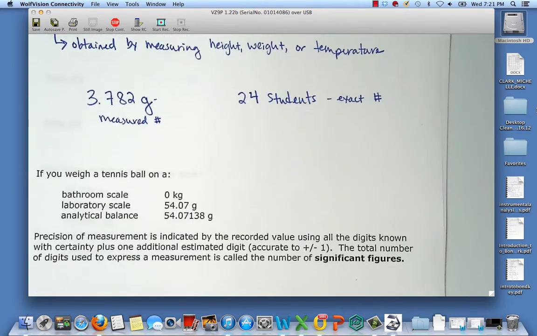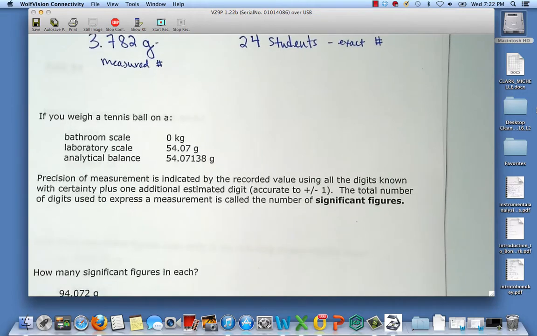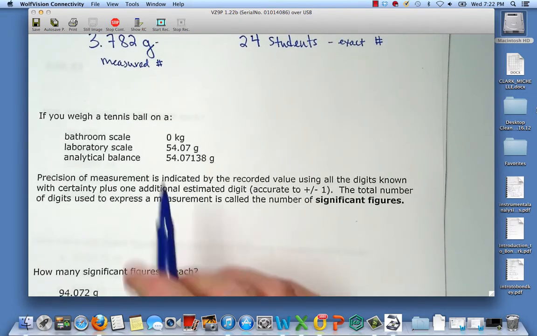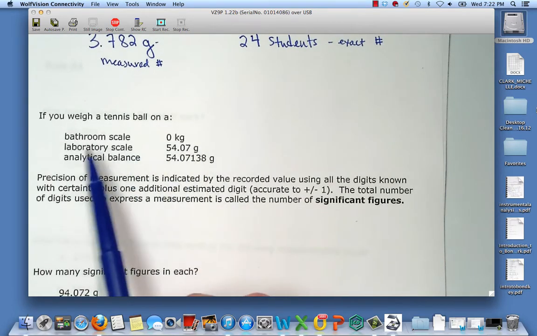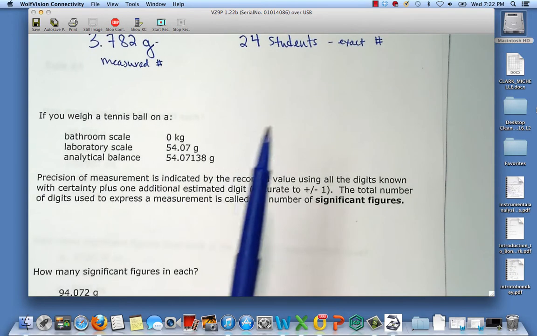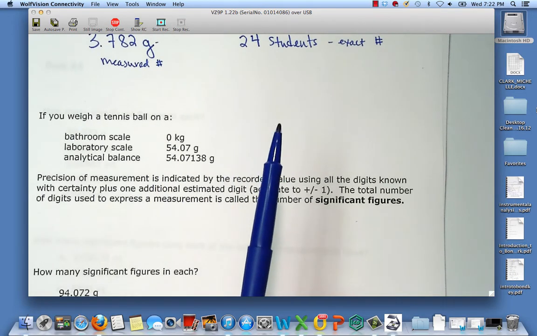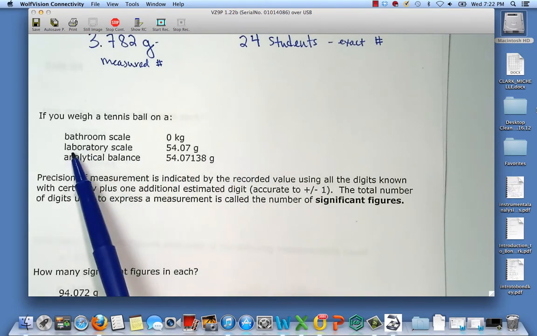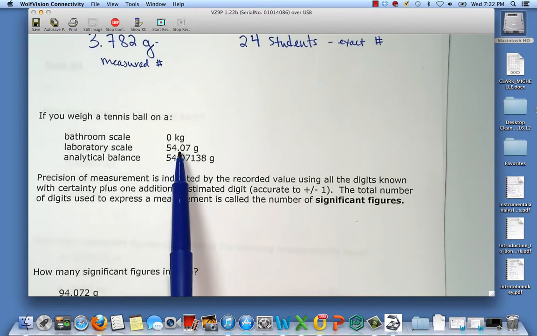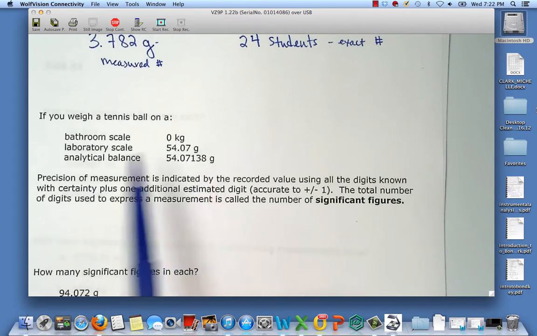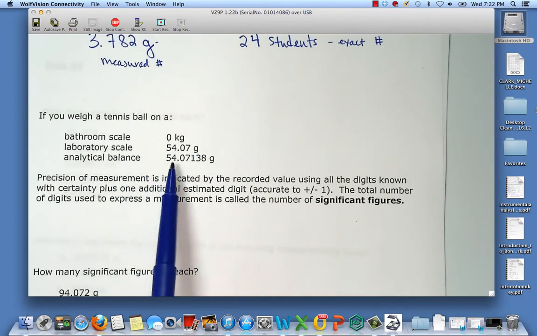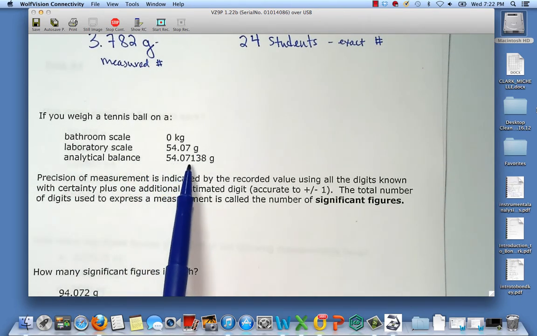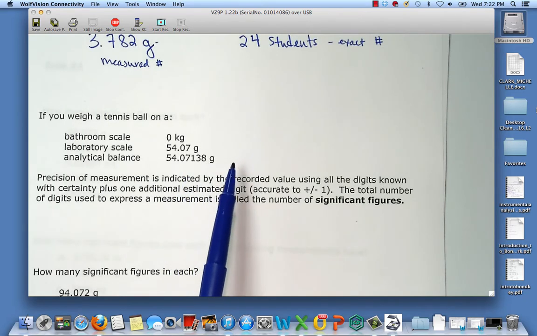So now we're getting to significant figures. If you took a tennis ball and you weighed it on a bathroom scale, you'd get 0 kilograms. But I know it has some mass. I can feel it. A laboratory scale would give you 54.07 grams. An analytical balance would give you 54.07138 grams.